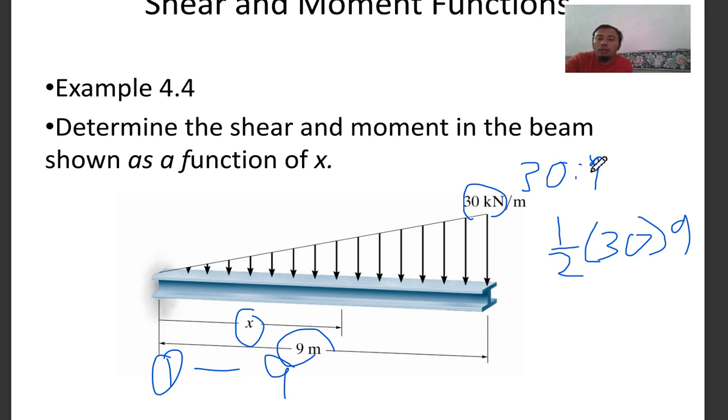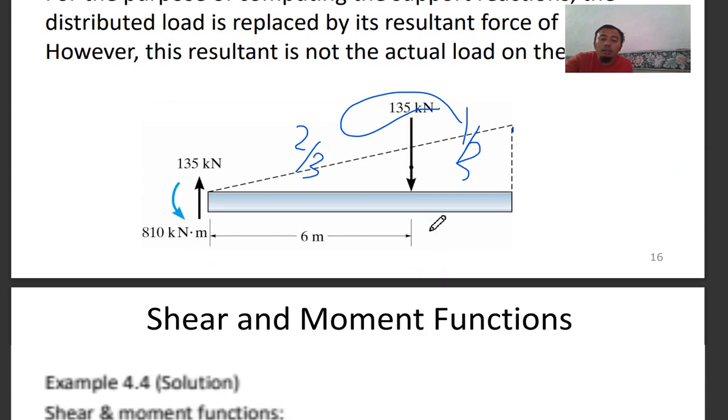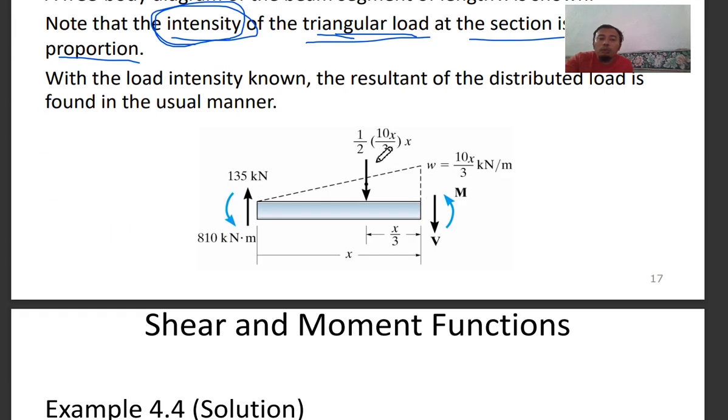So if you want to know what the value is here, for example, that value will be proportional to its distance here, x. So this is the result of the proportion.